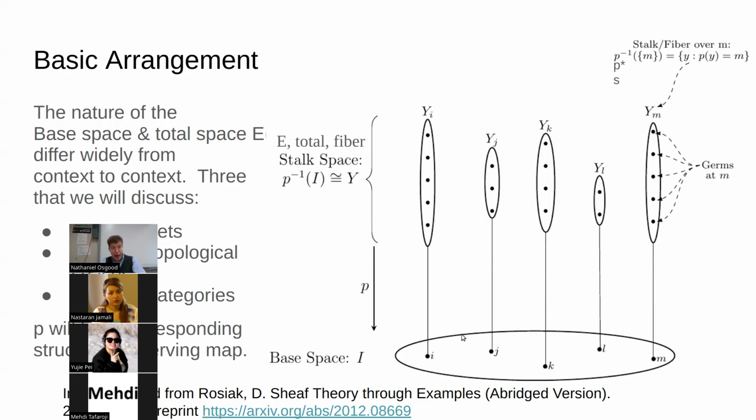If this is a set, this might be a set of 5 elements that all map to I through P. All these, if we're dealing with sets, all these map down to J. All these 4 map down to K.